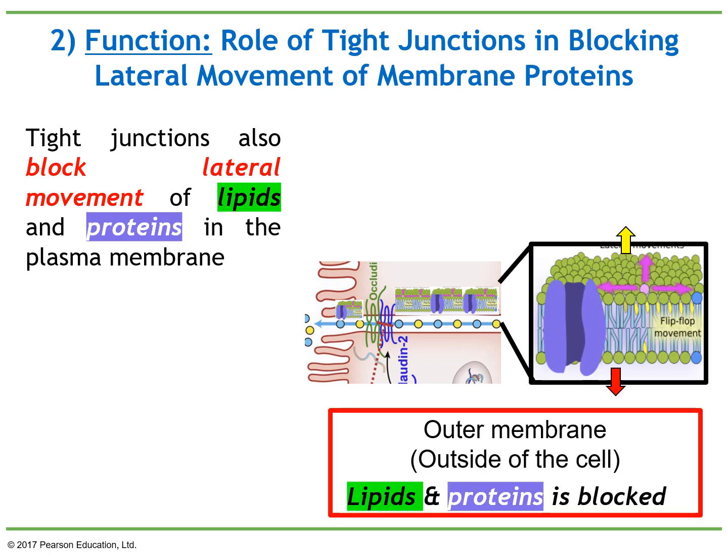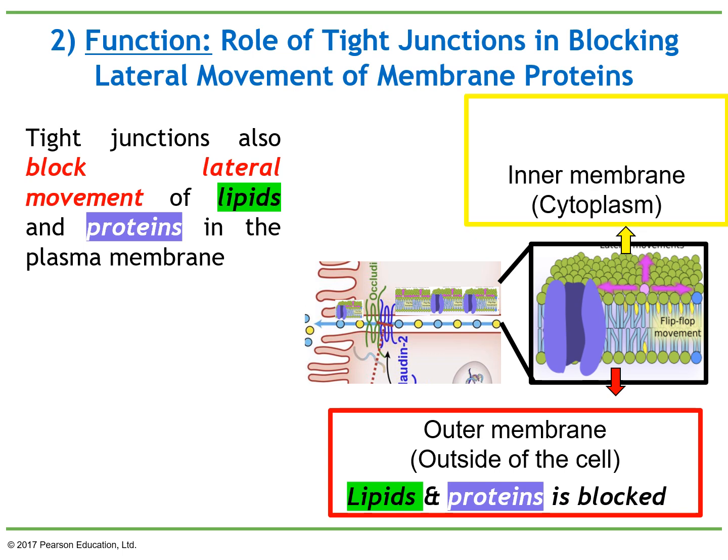So you have two types of membranes. The outer membrane here, the lipids and the proteins cannot move laterally, they are blocked. In that way it works as a barrier, and in the inner membrane only the proteins. So this area will be blocked. So in that way, there is nothing happening here.